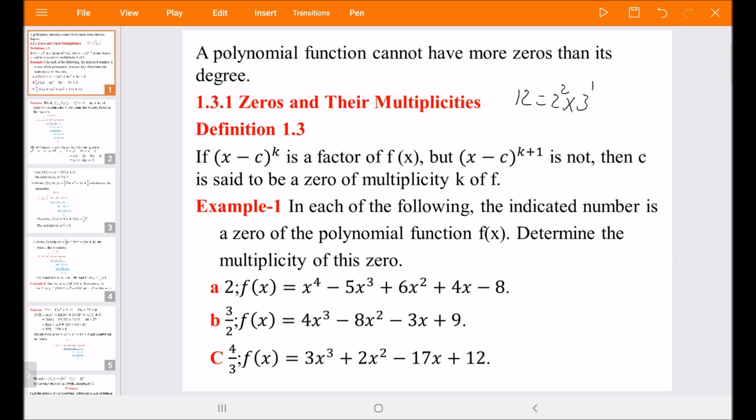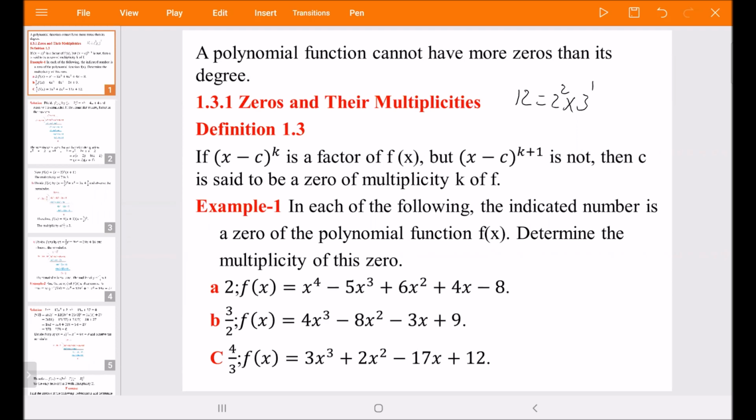So for example, if (x minus c) to the power of k is a factor of f of x, where k is a natural number greater than or equal to 1, but (x minus c) to the power of k plus 1 is not, then c is said to be a zero of multiplicity k of f.